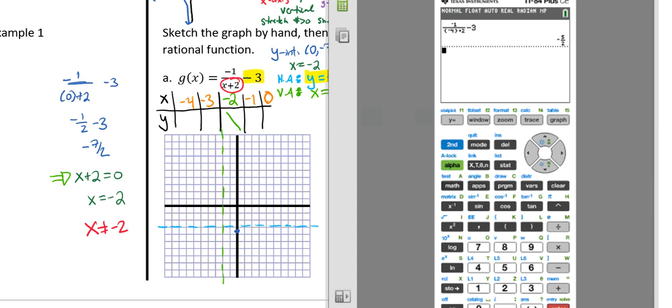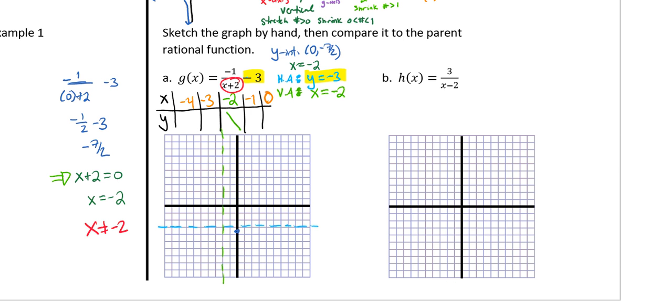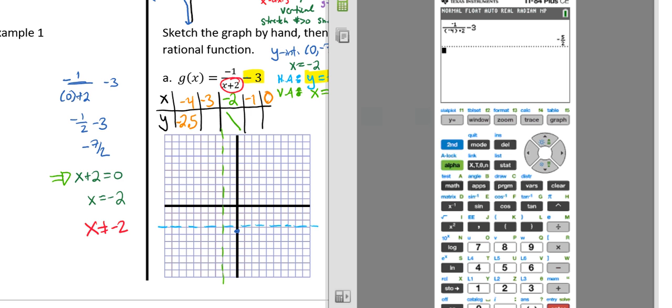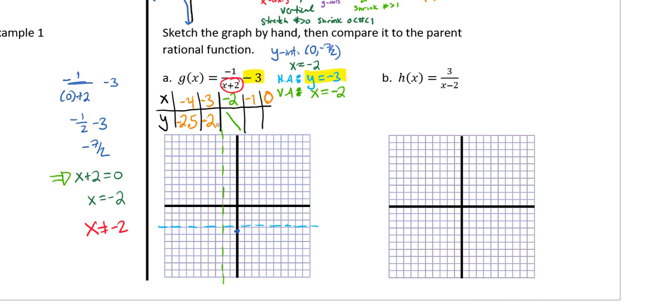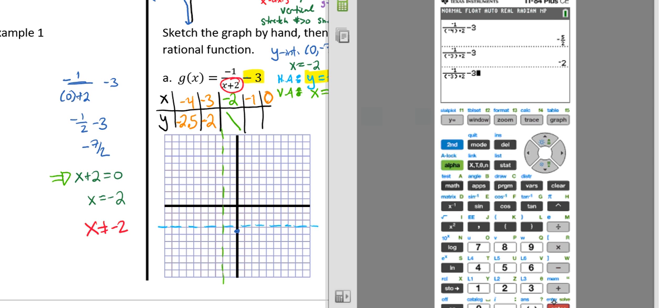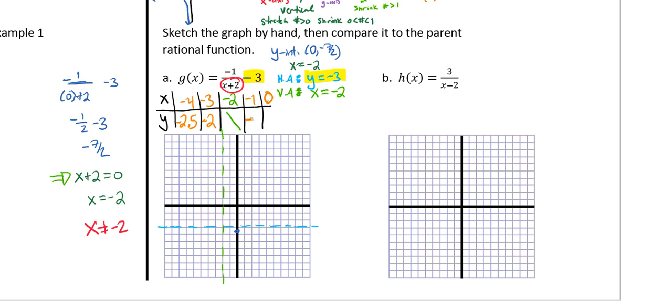And we're going to see that we have a value of -5 halves. So -5 halves is -2.5. And then we can do the same thing, and we'll put a -3 in that spot. I'm going to arrow over and put in my -3 and hit enter and get a -2. So we'll put in -2, and we'll do it again with a -1 rather, and hit enter and get a -4.